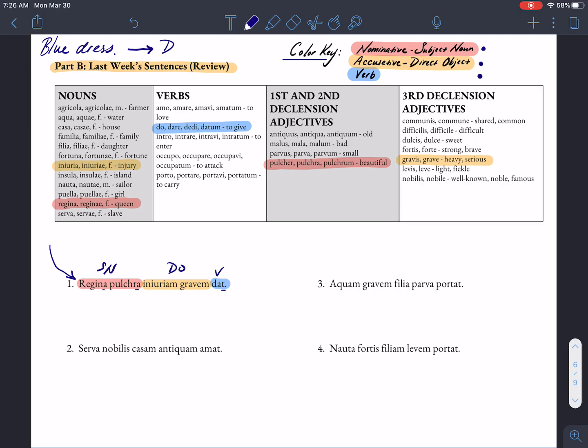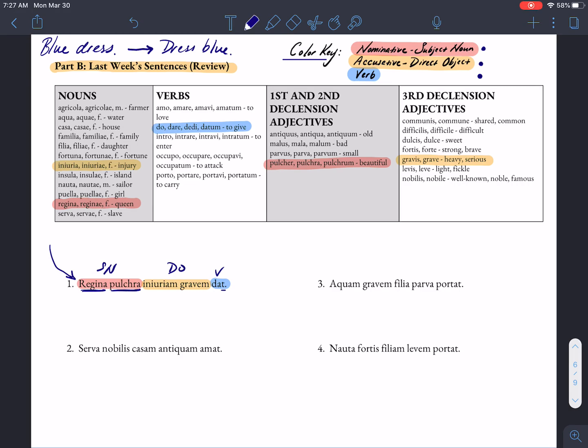So I would say in Latin, dress blue. I believe the same rules apply for Spanish, and I would assume they apply to French, Romanian, Portuguese, Italian, the Romance languages, which come from Latin. So it would make sense that they'd have a similar rule. Same thing here: dress blue, Regina pulchra.